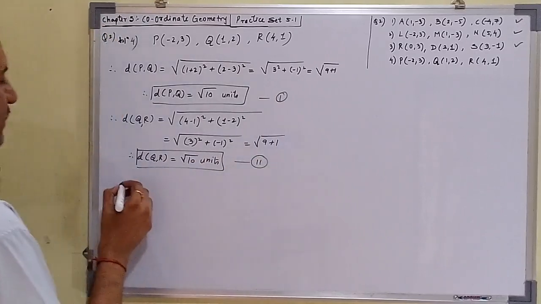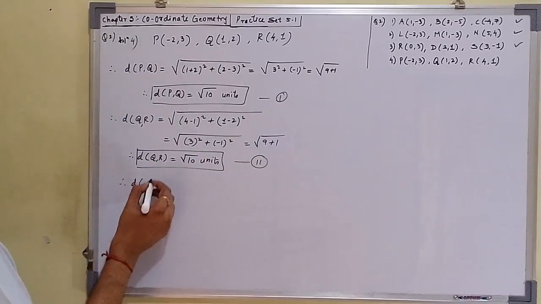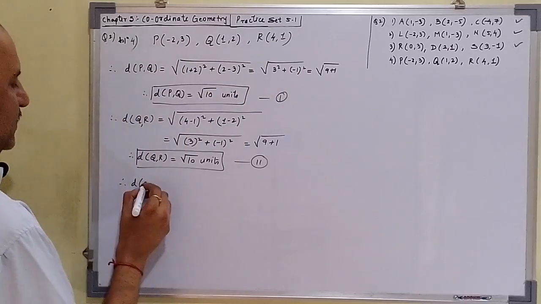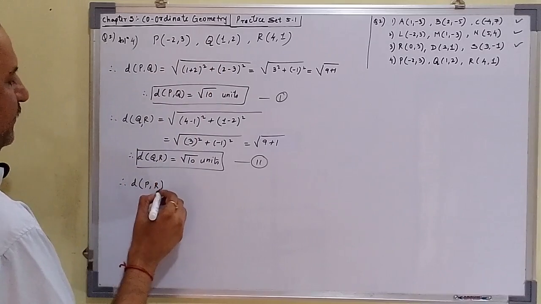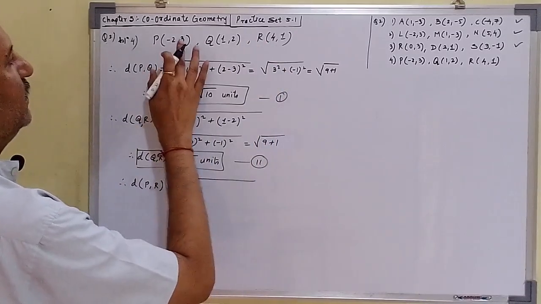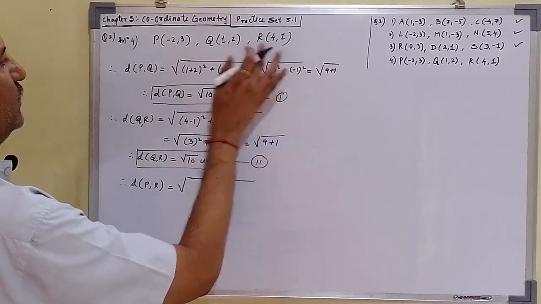अभी नेक्स्ट देते हैं. Therefore distance PQ हो गया, QR हो गया, PR, distance PR. ये x1, y1, x2, y2. So x2 minus x1.